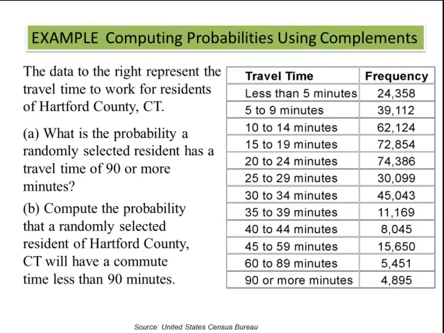The data at the right represents the travel time for residents in Hartford County, Connecticut. A, what's the probability that a randomly selected resident has a commute time of 90 minutes or more? So out of this we see it's 4,895 out of the total. B, compute the probability that a randomly selected resident will have a commute time of less than 90 minutes.